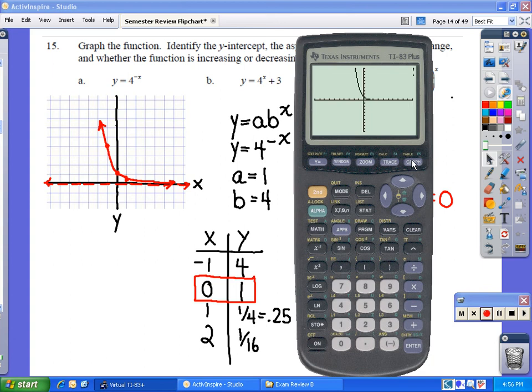The graph looks very similar to the one that we're looking at. We can then go to the data table and see all of the values that we might be interested in. And you can see that the y values, as we increase our x values, are getting closer and closer to 0.